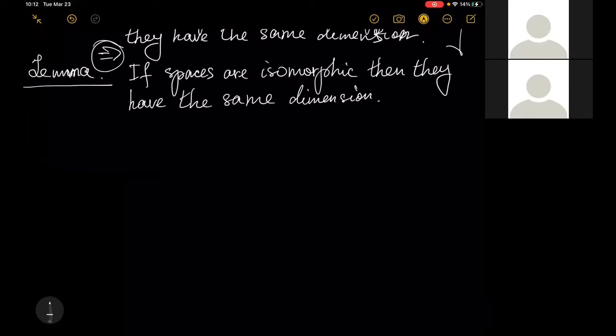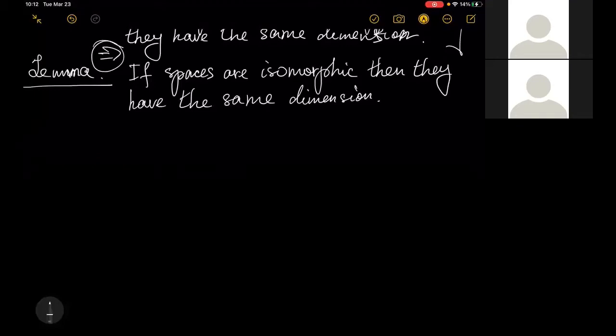Okay, so proof here is simple. Based on the following fact, we will just consider isomorphism between two vector spaces.